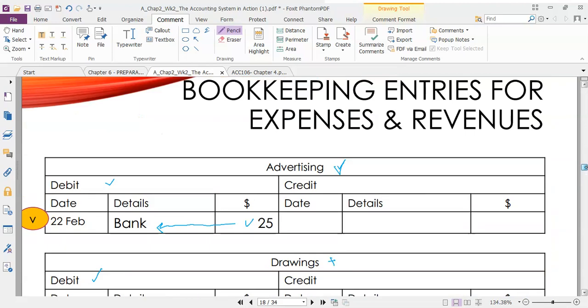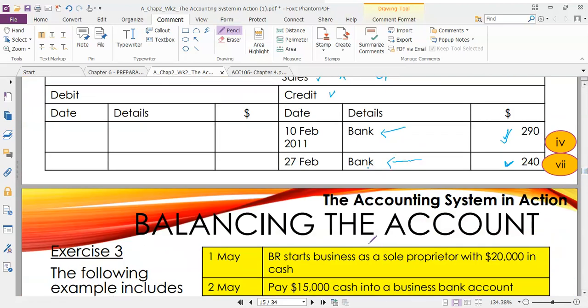So sampai sini dulu. Next week kita akan sambung macam mana nak tutup key account and then transfer ke trial balance dan financial statement. Boleh ke sampai sini? Ada soalan ke? Tak ada dah.